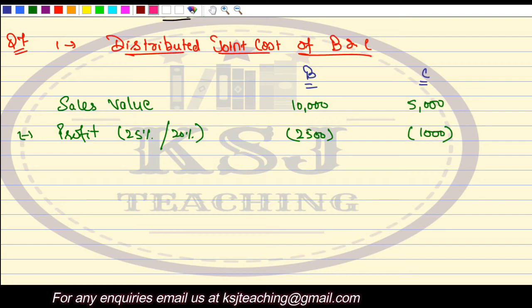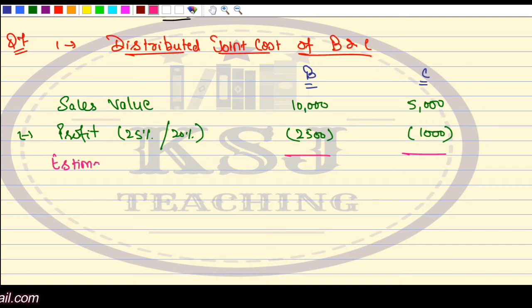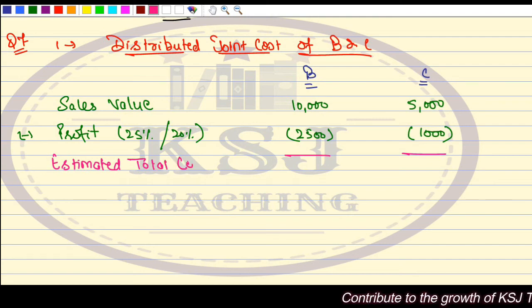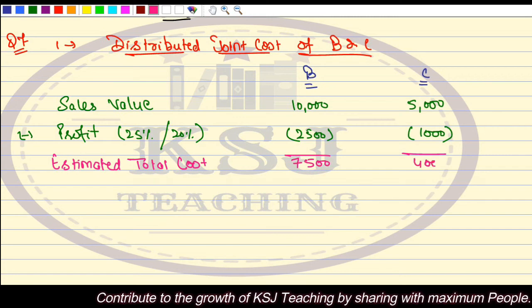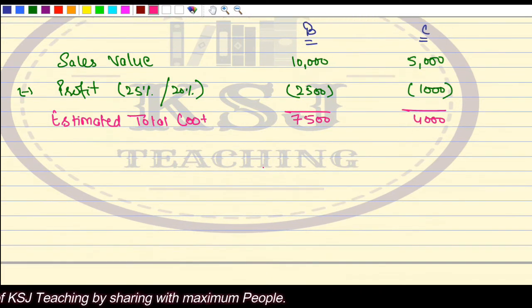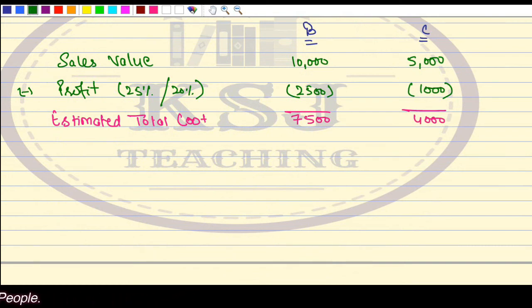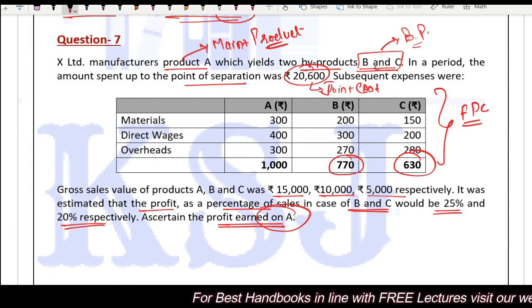So what you will get is the estimated total cost, that is 7,500 and 4,000. From total cost, what will you subtract? The further processing cost you will subtract, obviously. What is the further processing cost for B and C? 770 and 630.